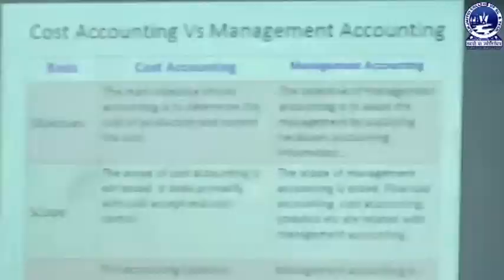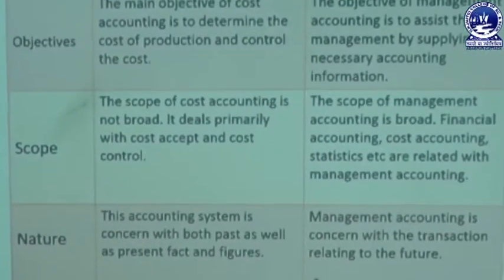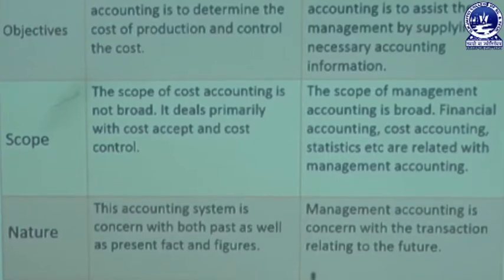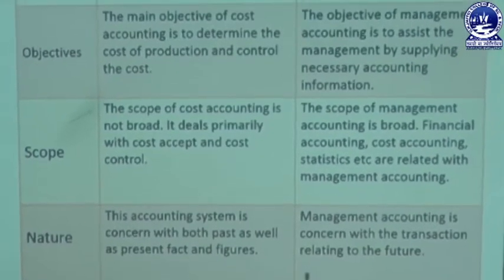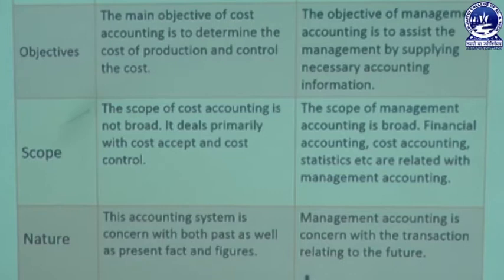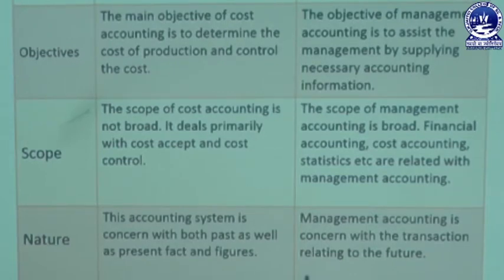The third point relates to nature. Cost accounting is concerned with both past as well as present facts and figures. That means, from the nature point of view, cost accounting takes into consideration past information as well as present information, the facts and figures relating to both past and present, for ascertainment of cost.